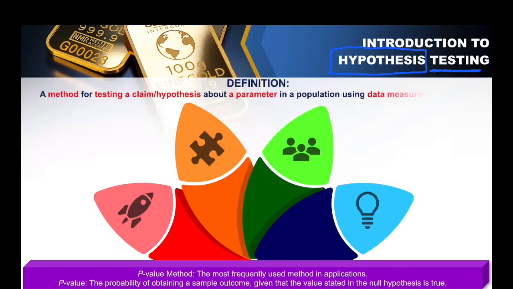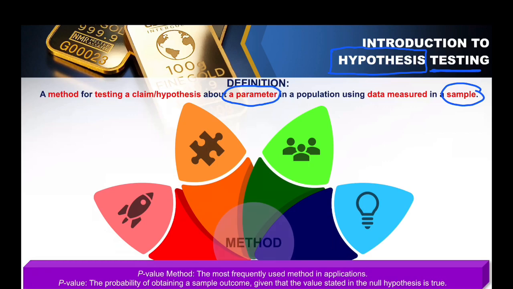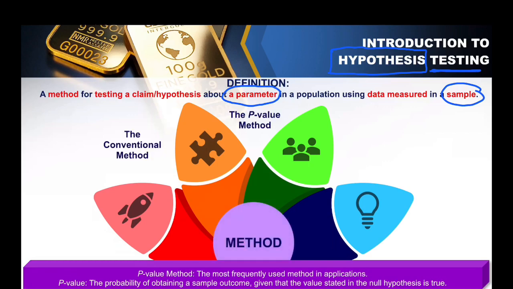So hypothesis testing is a method for testing a claim that you made about a parameter using a sample. In hypothesis testing, there are 3 methods: the conventional method, p-value method, and the confidence interval method. We will look at this one.